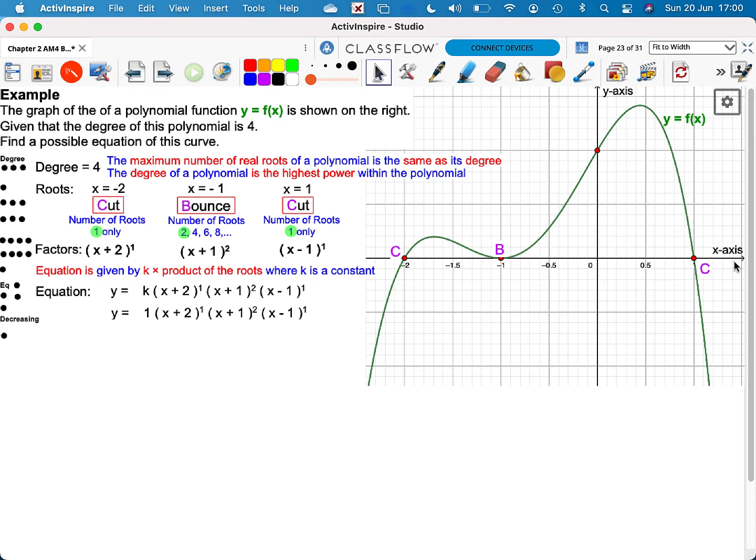Another way of looking at it is this: as x keeps going, x is positive, what's the value of y? And the value of y will be a negative value. Hence, we can put in here that it's a minus. If you remember, decreasing polynomial at the end is a minus, and an increasing polynomial at the end is positive. That's a handy way of remembering it.